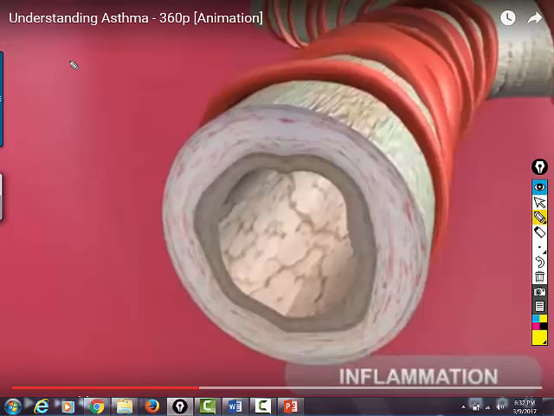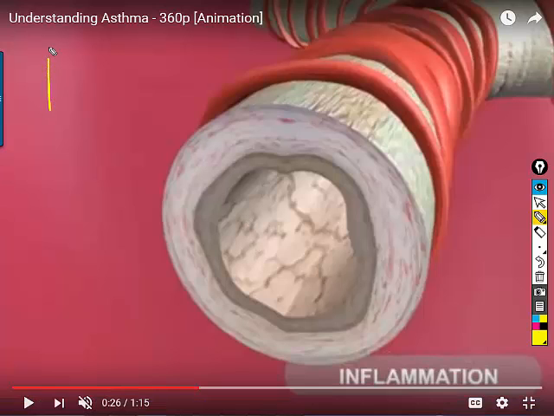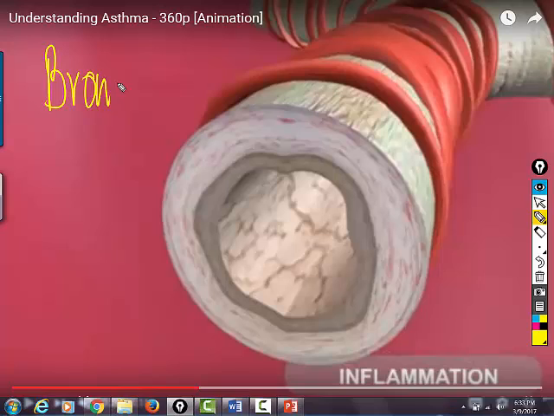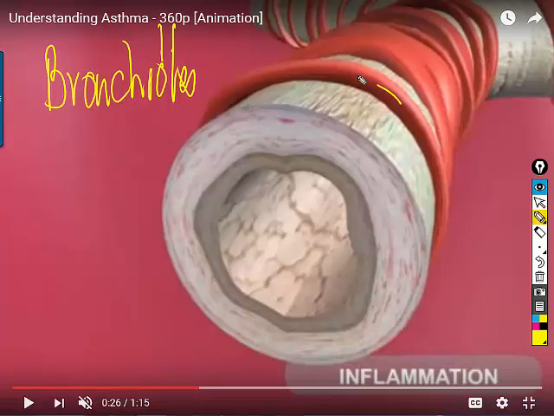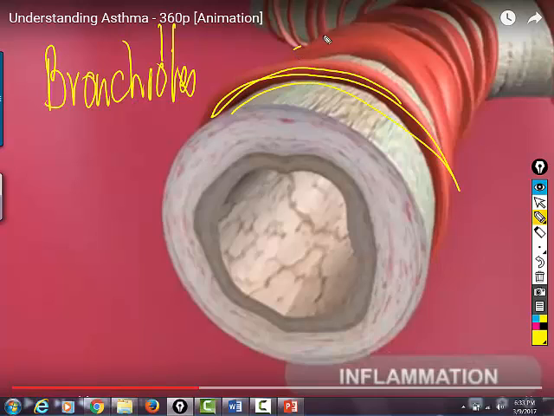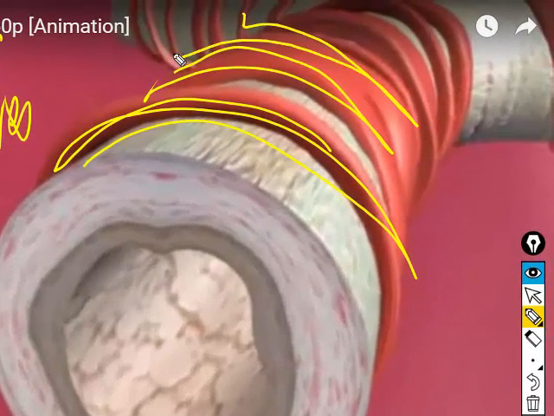It's an exaggerated inflammatory response that occurs primarily in the bronchioles. And the bronchioles are made of smooth muscle, bands of smooth muscle. And what are the two things that muscle can do? That's it. You better write this down.